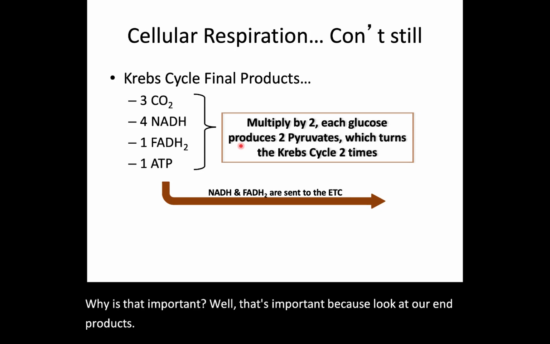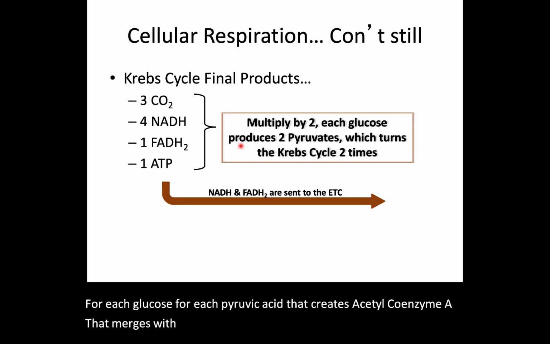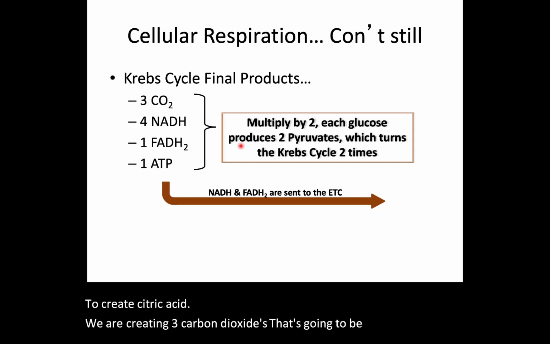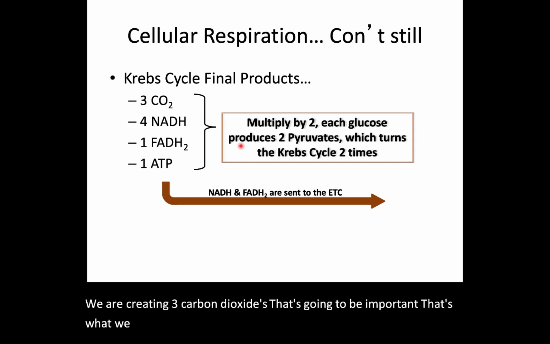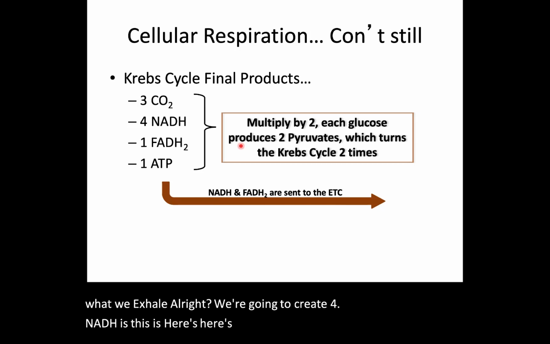For each pyruvic acid that creates acetyl coenzyme A that merges with oxaloacetic acid to create citric acid, we are creating three carbon dioxides. That's going to be important. That's what we exhale. We're going to create four NADHs. Here's why NADH and FADH are important: they carry hydrogen protons.